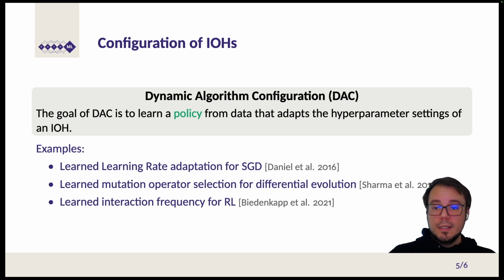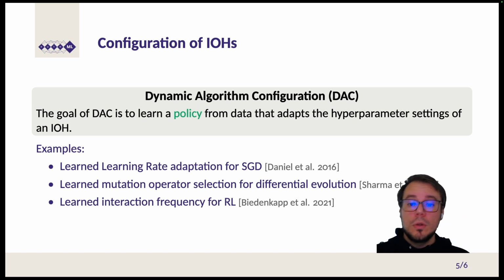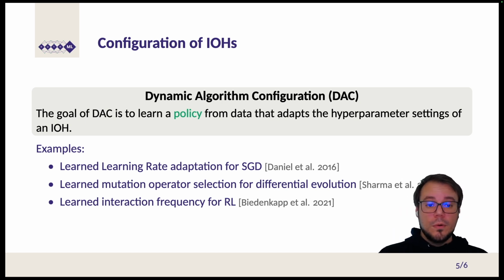So in the first setting, we have seen that you can learn learning rate adaptation for SGD and find better schedules than with configuring individual hyperparameters of some schedulers. There are also examples of learned mutation operator selection for differential evolution.